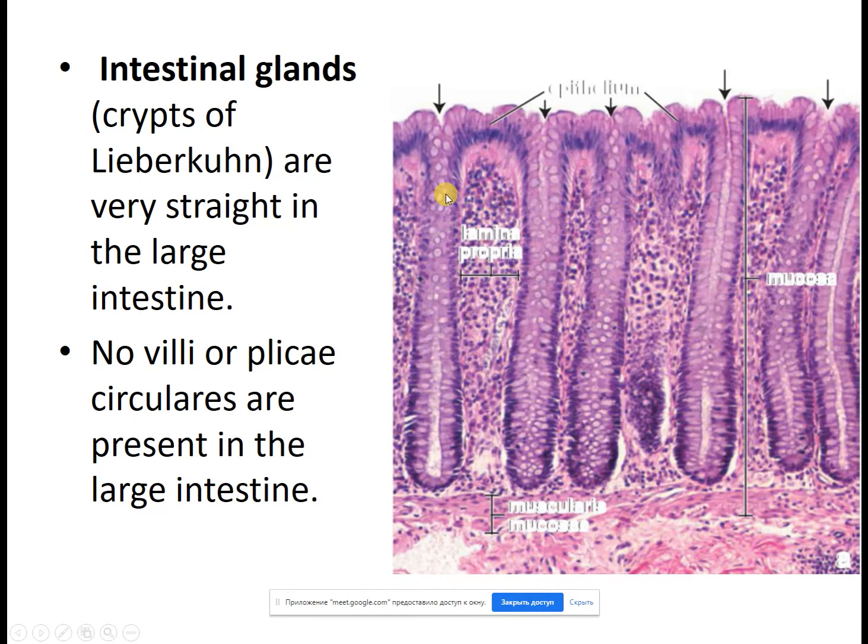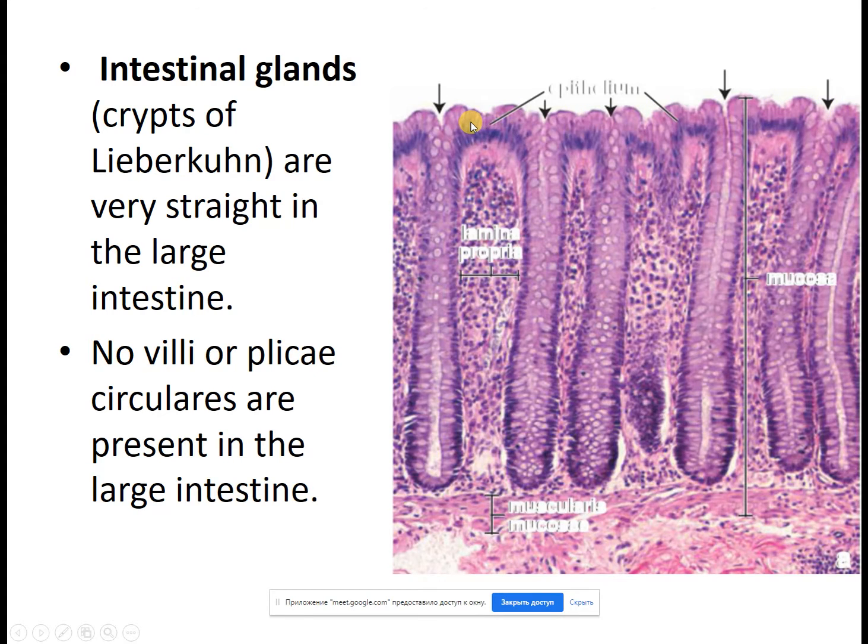Okay. And the very first thing visible in the large intestine is, of course, the glands. They are also named crypts of Lieberkühn. But you see, unlike in the small intestine, here we don't have villi.